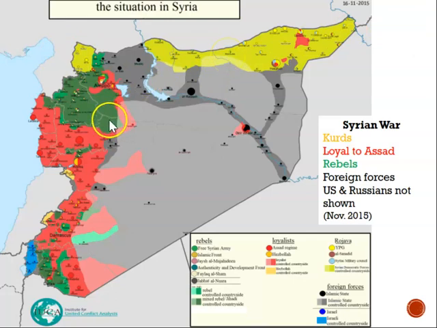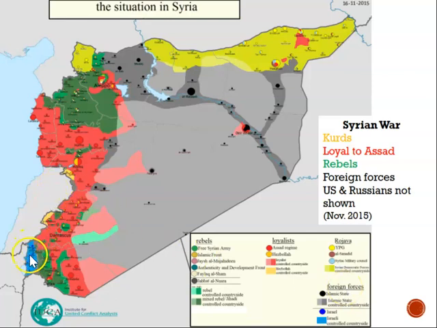Then you have the colors that are in the green. These are the rebels. These are those who are fighting against Assad. They're really local, that is, they're Syrian, but they fight in opposing Assad. And then, of course, you have more players, the foreign forces. Really all that's listed here is Israel.